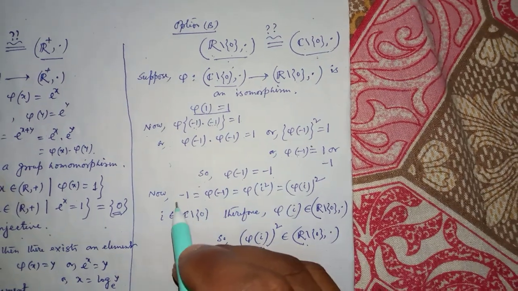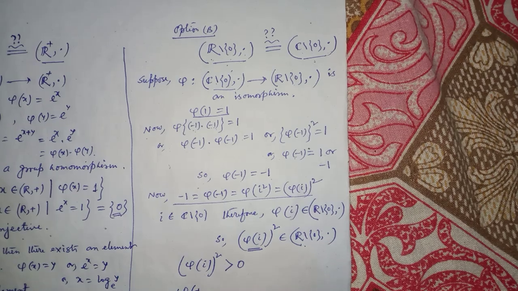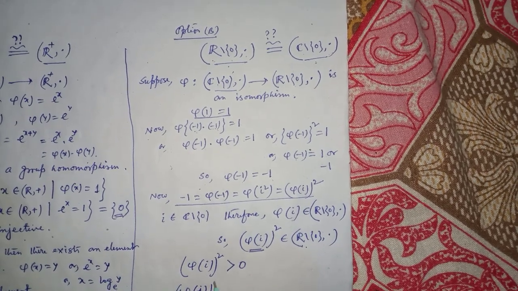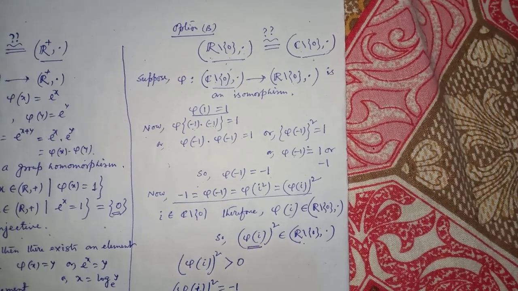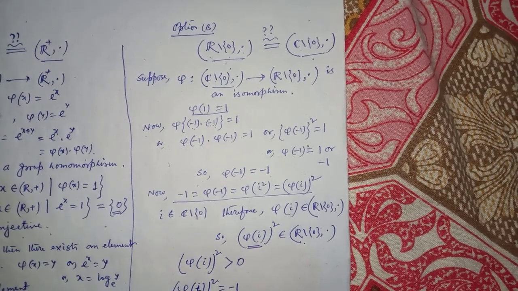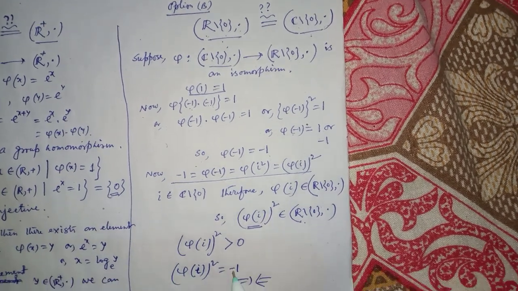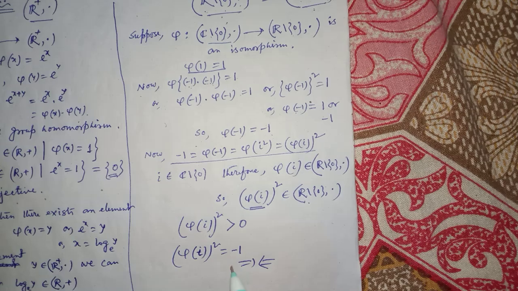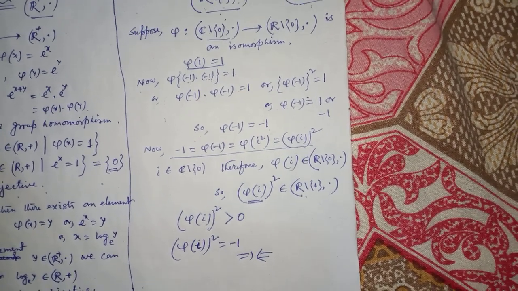But we see that from here phi of i whole square is equal to minus 1, which is a contradiction, because the square of a real number can never be negative. So it is a contradiction.